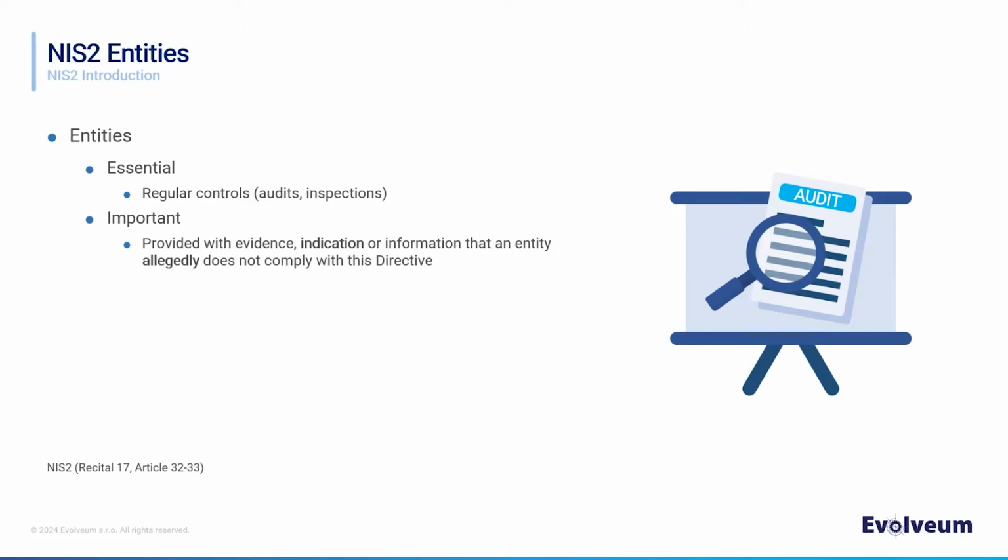For example, the indication or information that an entity allegedly doesn't comply with this directive will be enough to start the control of the important entity.